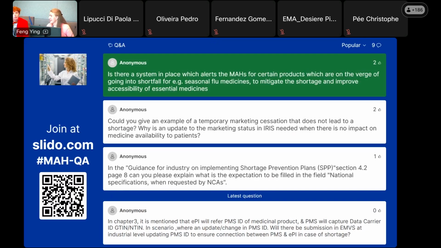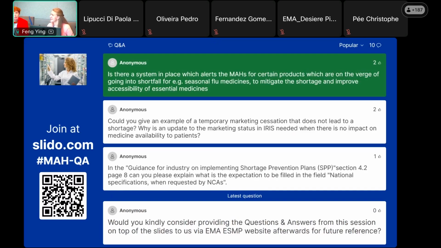The next question is, is there a system in place which alerts the MAH for certain products which are on the verge of going into shortfall? For example, seasonal flu medicines, to mitigate the shortage and improve accessibility of essential medicines.